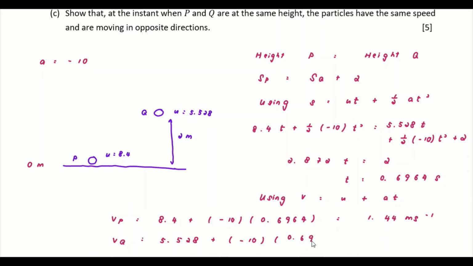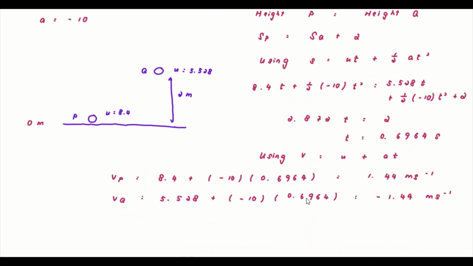So make sure that you use the exact value. So negative 1.44. If you want to write some explanation, you can write that particles P and Q have velocities with the same magnitude but different signs, which indicates that they move at the same speed but in different directions.